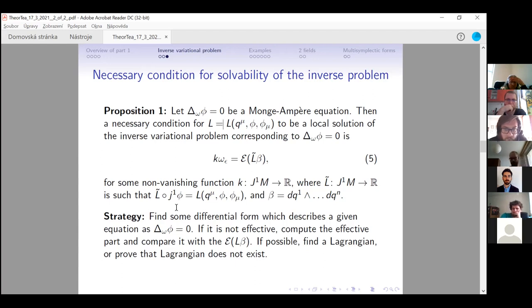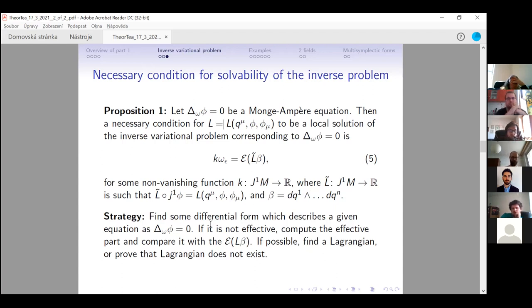I have two things to take care of when describing partial differential equations via differential forms. Firstly, whether the form is effective, because the non-effective parts contain some vanishing terms. And secondly, because I'm interested in the equation itself, I can multiply the form by an arbitrary non-vanishing function, and it will still be the same thing. But in the problems that we will be seeing, we can always fix k to be 1 without loss of generality.